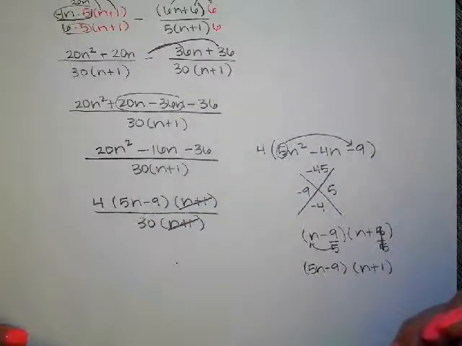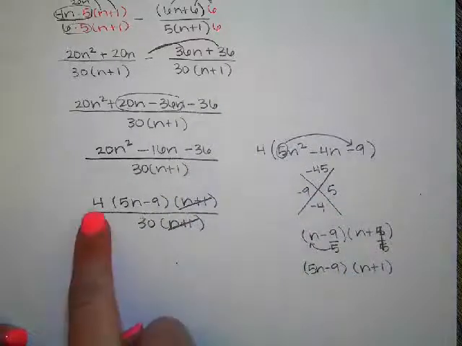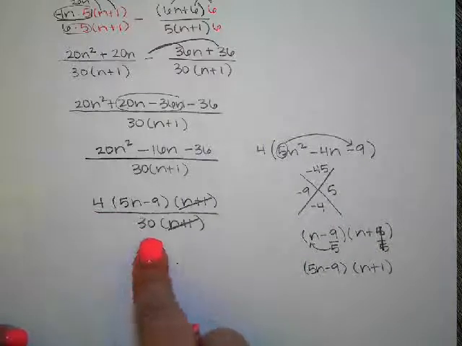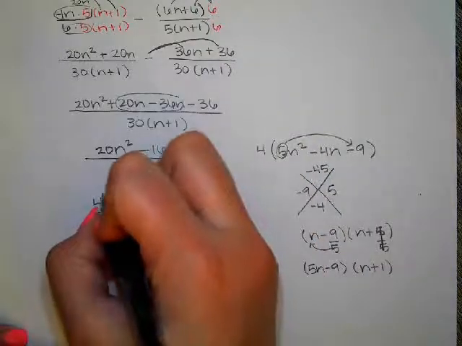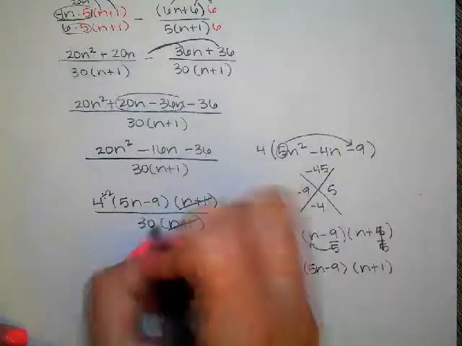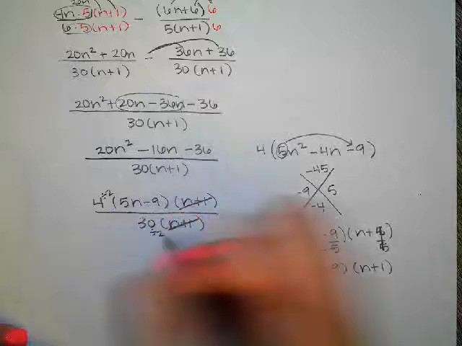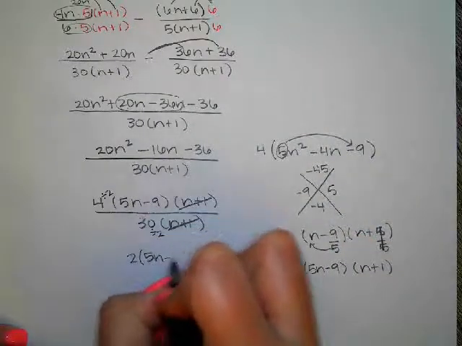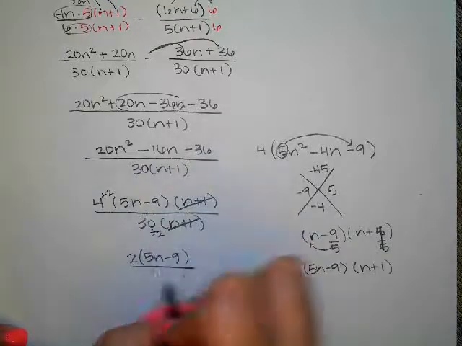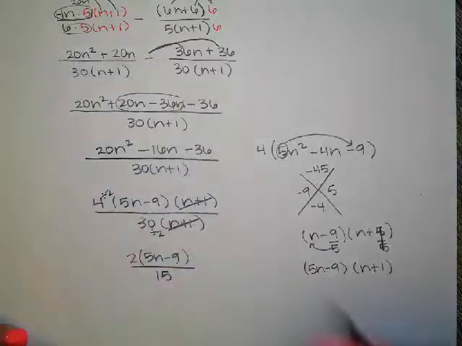And then in the front, the 30 and the 4, those don't cancel, but they are numbers that can reduce. They're both even. They can both be divided by 2. So 4 divided by 2 is 2. 30 divided by 2 is 15.